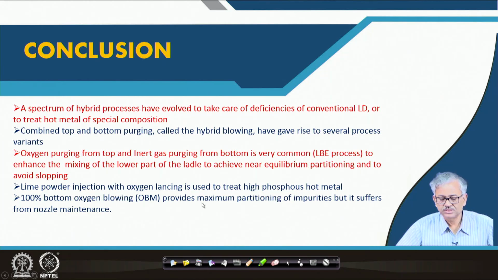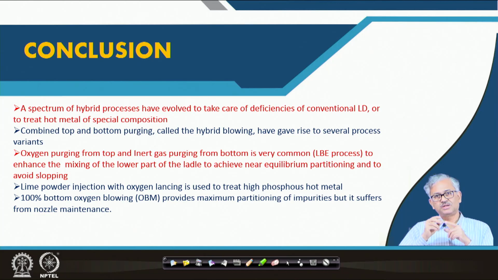And 100% bottom oxygen blowing, OBM, provides a maximum partitioning of impurities, but it suffers from nozzle maintenance, as I said, because with 100% oxygen from the bottom, the nozzle tip will be heated up very much, since all the oxidizing reaction takes place at the tip. As soon as the oxygen comes out, it reacts with the impurities, forming a lot of heat. That's why nozzle maintenance is a problem.